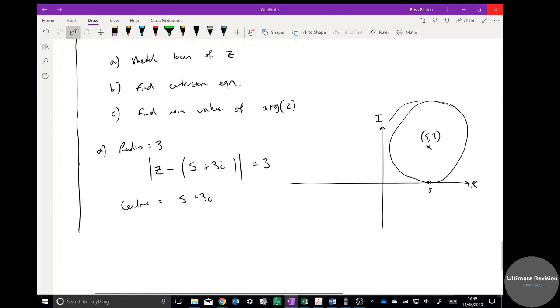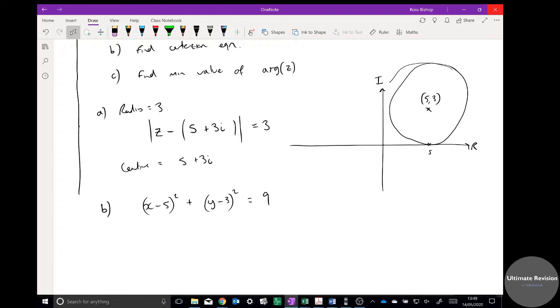Sketch the locus. Find the Cartesian equation. That's so easy to get. Now once you've sketched it, it's simply x minus 5 squared plus y minus 3 squared equals 3 squared, which is 9.